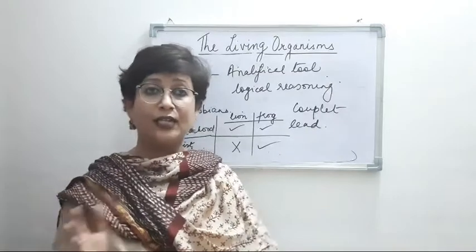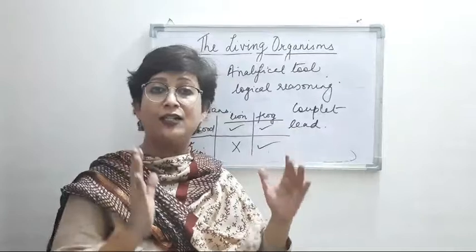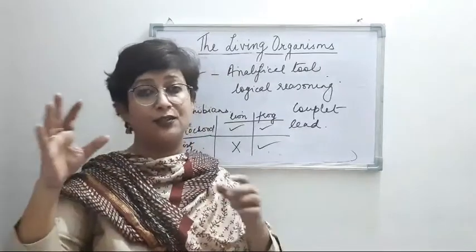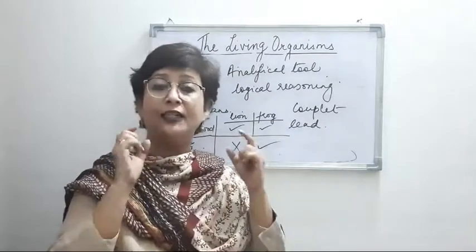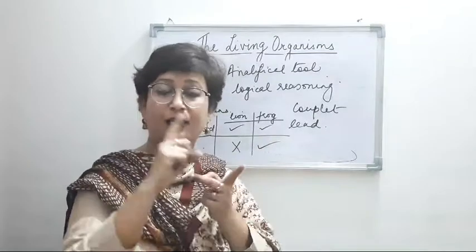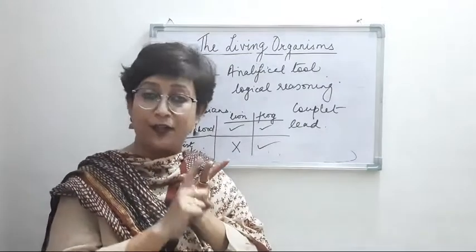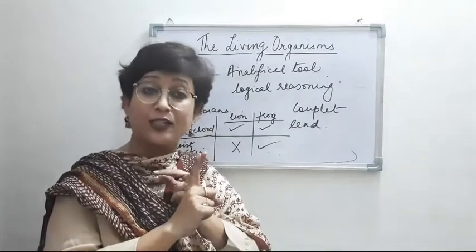And a quick recap again, we talked about the taxonomical aids, aids having specimens and aids without specimens. In the aids having specimens, we divided into dead specimens and living specimens. Under dead specimens, we talked about herbarium, in which the plant specimens are kept, right?